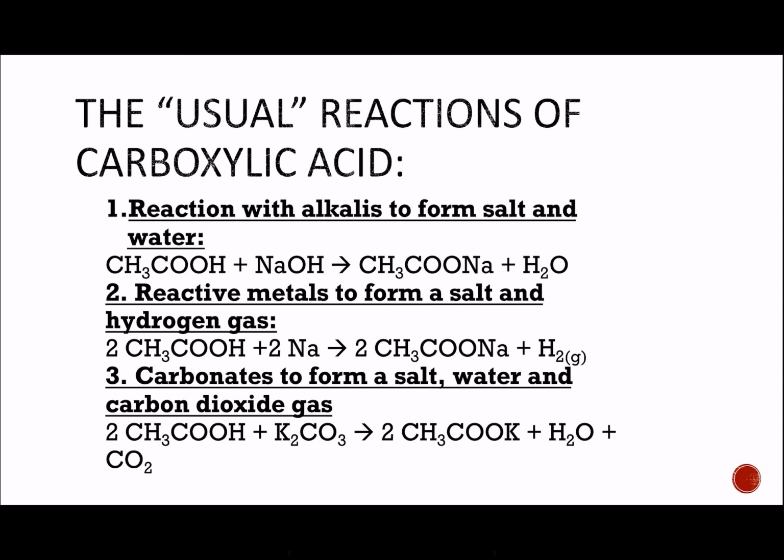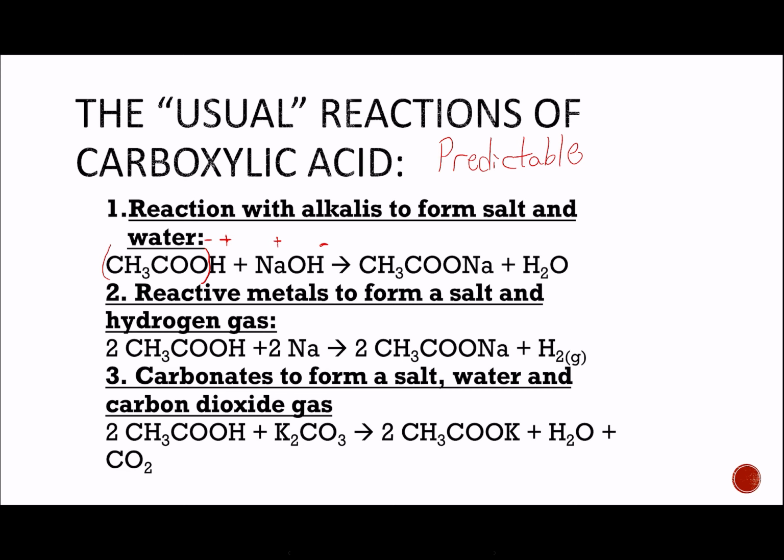The usual reactions of carboxylic acids. Usual means these are all predictable. Predictable from, believe it or not, pre-A-level chemistry, as long as you remember how ionic compounds work. And so although CH3COOH is covalent, the CH3COO has a negative charge and the hydrogen has a positive charge. Sodium hydroxide, sodium has a positive charge and OH has a negative charge.